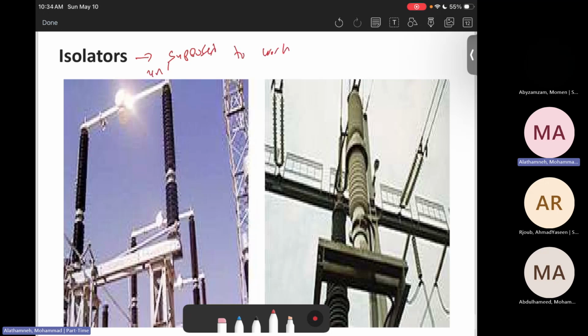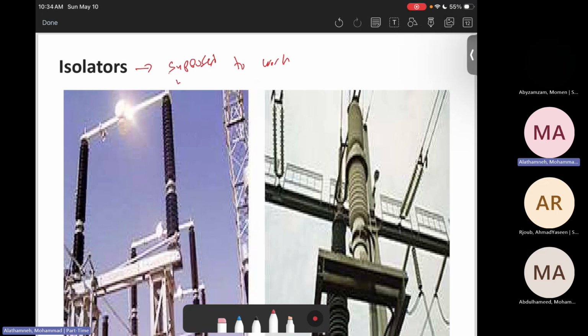Isolators here are supposed to work when the power is off. When the power is off, which is basically, in other words, no load condition.